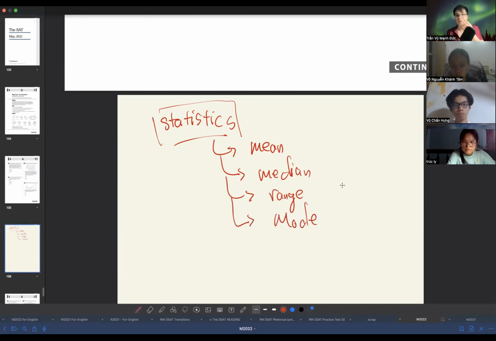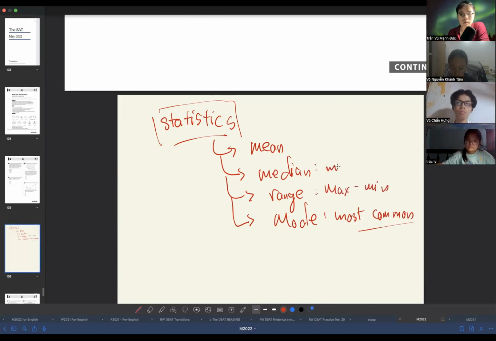For mode, you can just remember that mode is fashionable, in English and also in Vietnamese. It also can be understood as the most common. The most common: mode. Next up is range, max minus min.